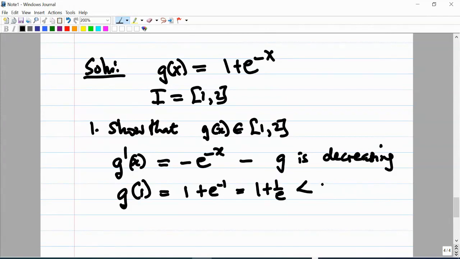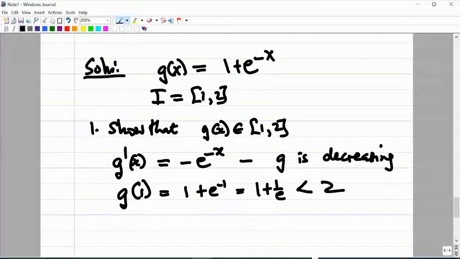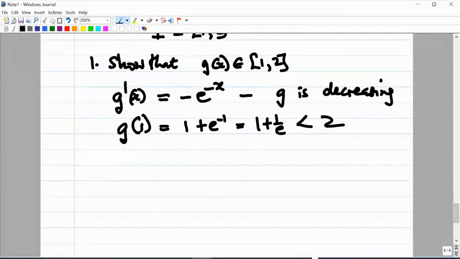So this is less than 2, but greater than 1. So g of 1 is greater than 1, but less than 2.